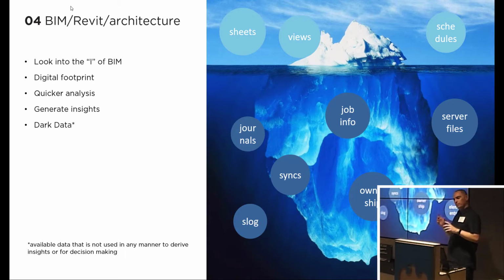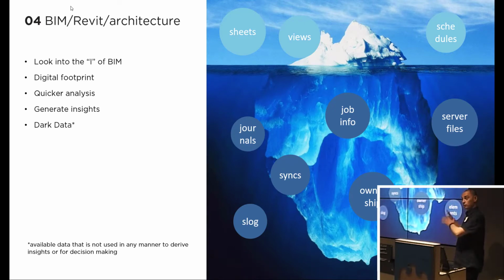Some models are also full of it for other things, but they're also full of information. And why? Because not just in Revit and as we work, but throughout our daily life, we leave a digital footprint.